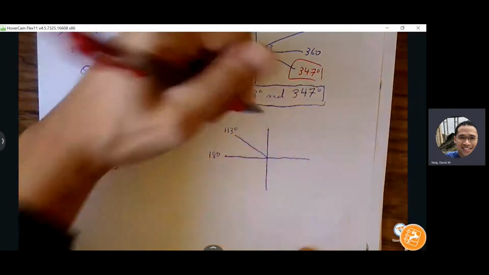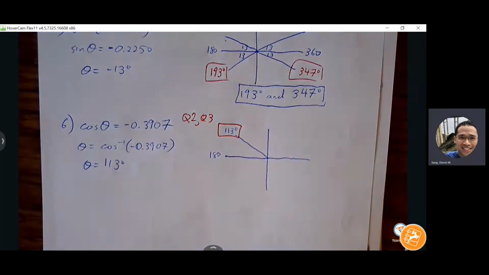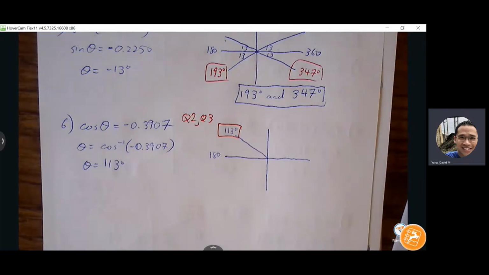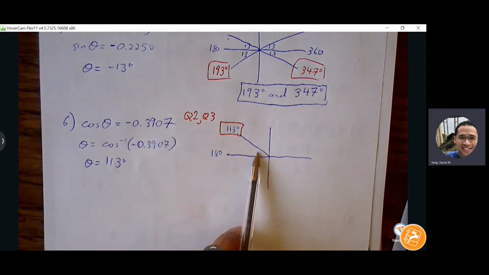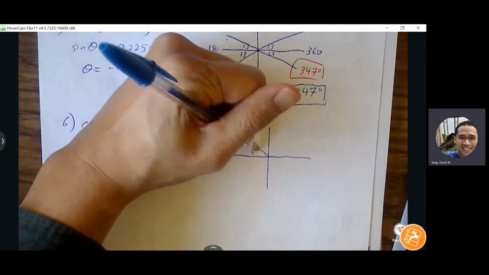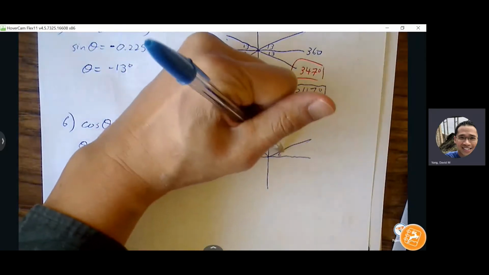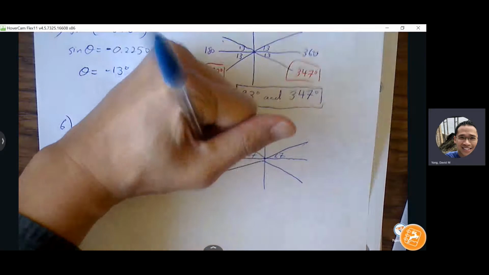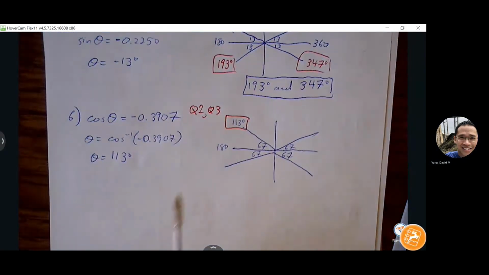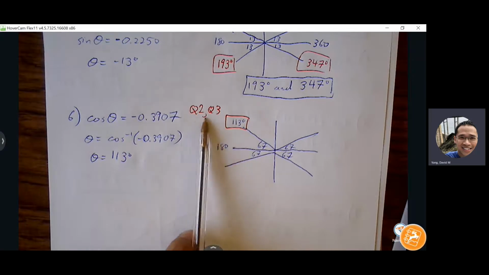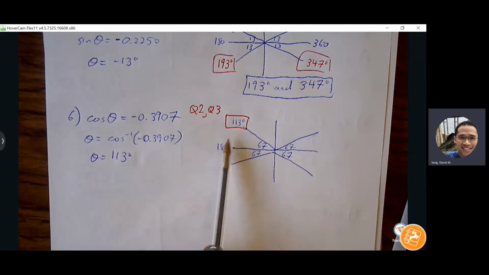But we know that's one of the answers. So what's the reference angle that's associated? 67. Go ahead and put 67 everywhere. Okay. We know ultimately we want a second and third quadrant value. We already have the second quadrant. To get the third quadrant, we'll do 180 plus 67.